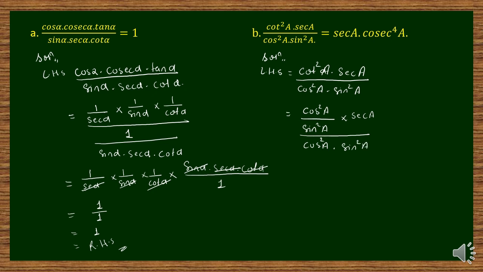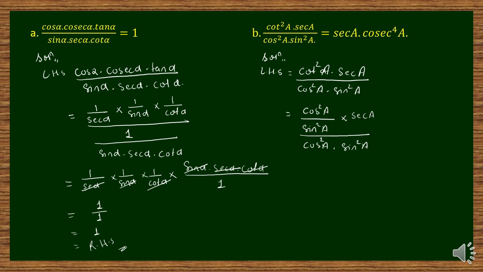So here what we can see, that we have cos square A, sin square A, cos square A multiplied by sin square A. We know that we can cancel this sin square A and sin square A, but we cannot, just because we need the cosec to the power 4A.